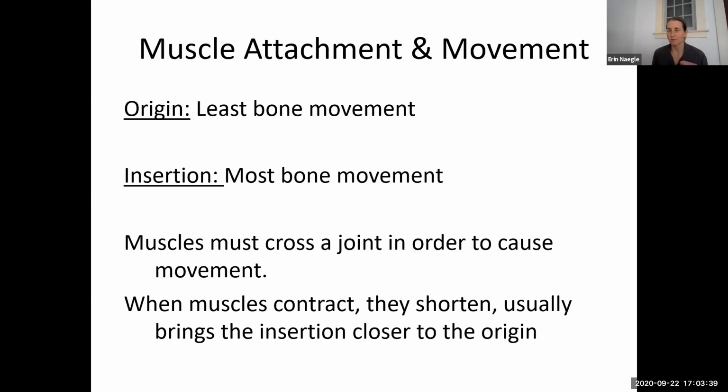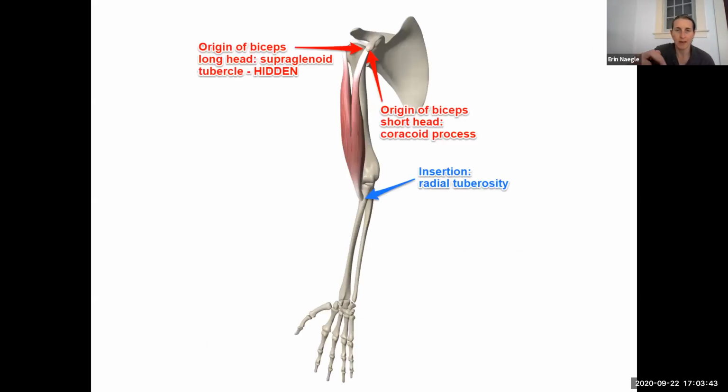Because if I had a muscle that started on the ulna, maybe this is one point of attachment, and then it attaches here, can it move anything when it contracts? No, it'll get a little shorter, but it can't move anything.